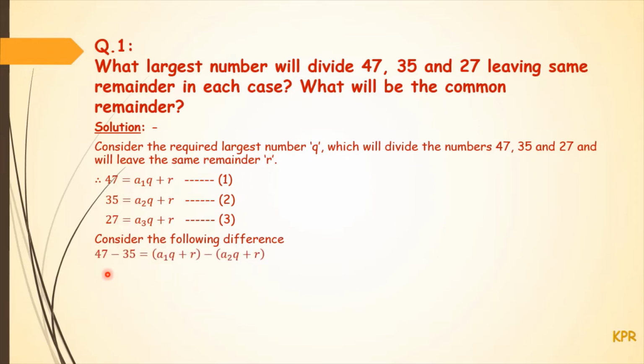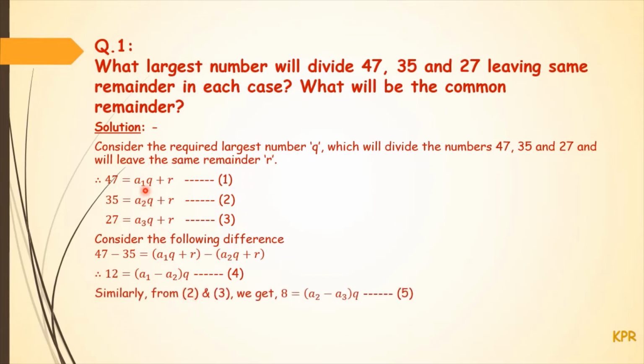So first we will have 47 minus 35. I will take the differences on the right hand side also, that is A1Q plus R minus A2Q plus R. As R and R are the same, they can be cancelled. So I will get 47 minus 35, that is 12, is equal to A1 minus A2 multiplied by Q.